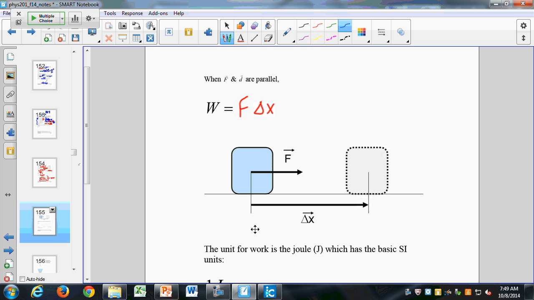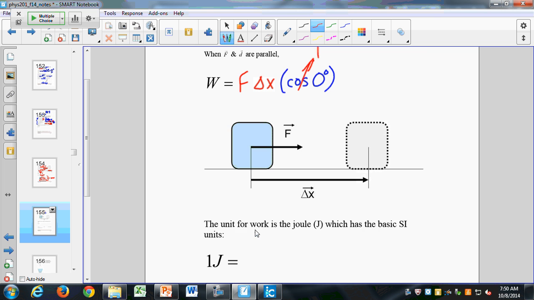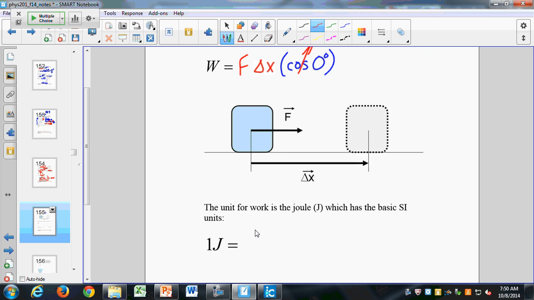But it's always assumed that I have this cosine theta term, and in this case it's the cosine of 0 degrees, which is just equal to 1. So we might just write that as force times displacement to give our work. But that's assuming that the cosine theta term is equal to 1.